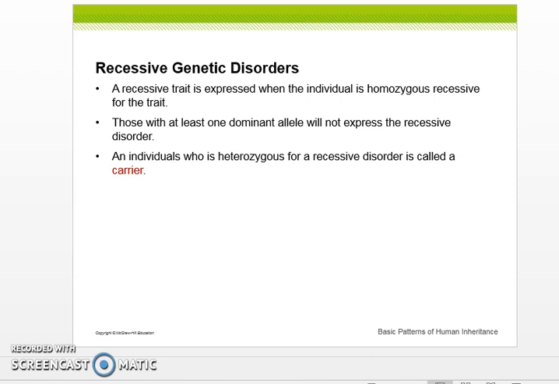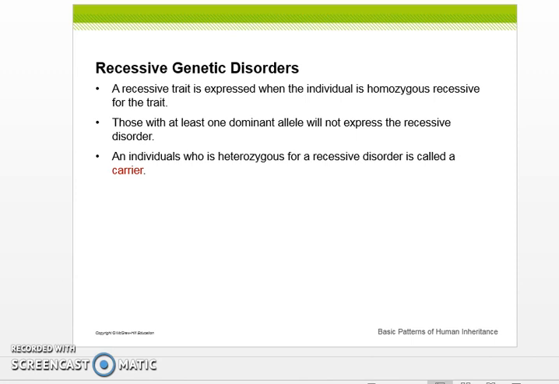So if we go back to our Punnett square from before, that means it has two capitals or two lowercases. In both those situations, that's a homozygous trait. But this is asking which one is the homozygous recessive. That's right, the lowercase. So those with at least one dominant allele will not be able to express the recessive.